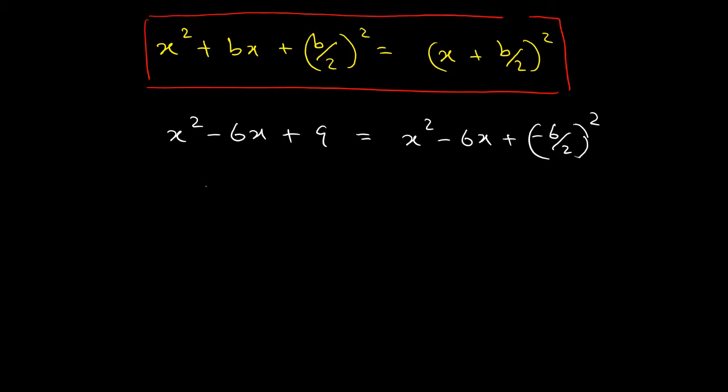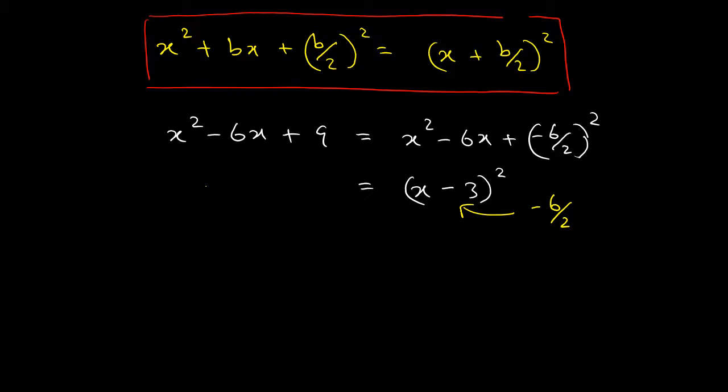Once you notice that, your solution is simply going to be x plus half of the middle term, so that means x minus 3 squared. It's always half of the middle term, so this is simply -6 divided by 2. So you can write it like that. That's the benefit of this method.